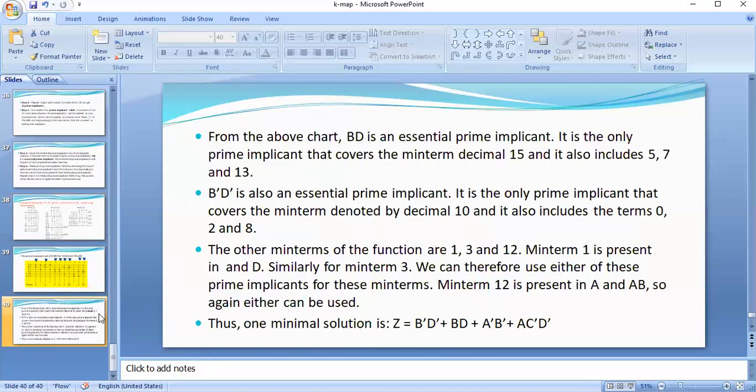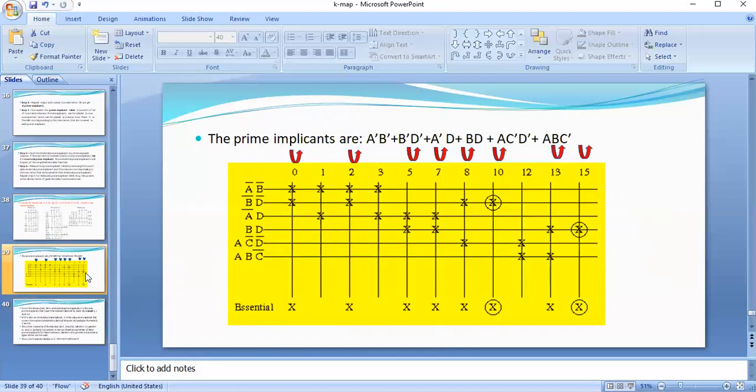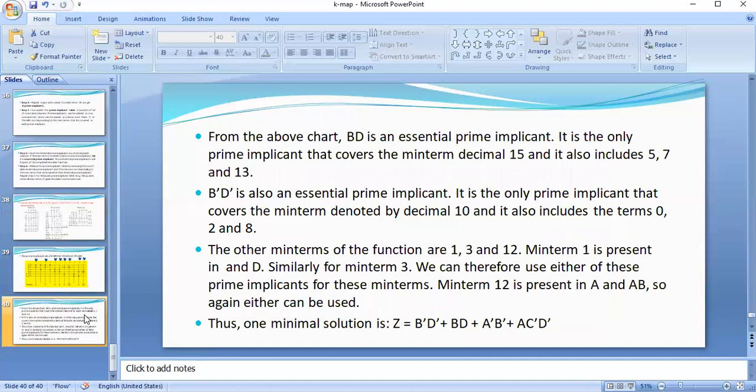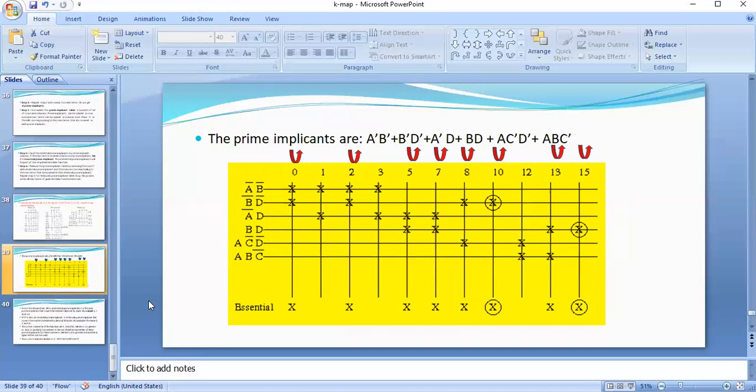After that, you may consider 8, 12 or 12, 13, that is A C bar D bar or A B C bar. So that is in the final expression.